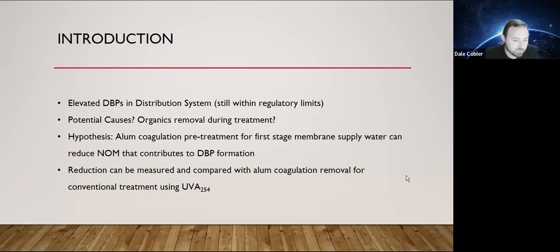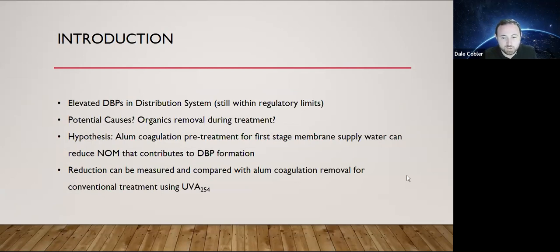DBP concentrations have regulated limits established by the EPA for drinking water. The TRU water treatment plant kept their DBP concentrations within regulated limits, but had observed an uncharacteristic increase in the distribution system samples. One of the potential contributors to DBP formation is NOM reactions during the disinfection process.